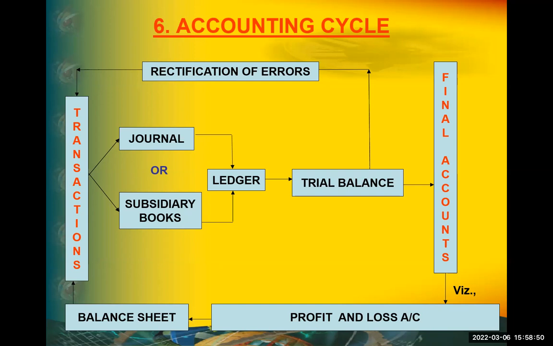There's one account called sundry debtors, and one account called bills receivable. But both are accounts receivable only. Both are not the same, but both are in the group called accounts receivable.